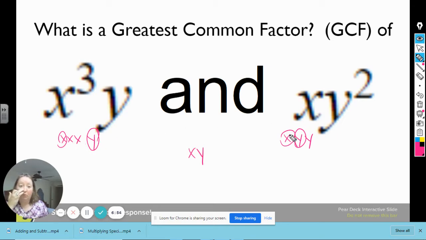Over here, I've got 1 x and 2 y's. So what is the most amount of x's that I can take out of both sides? What is it that they agree upon? At least 1 x. What is the most amount of y's? At least 1 y, and that's why my GCF is xy.